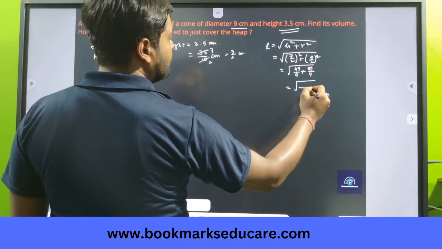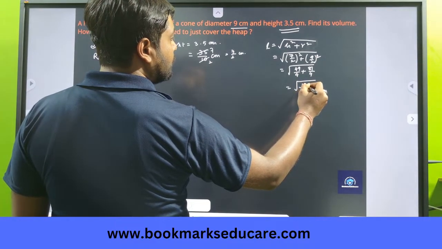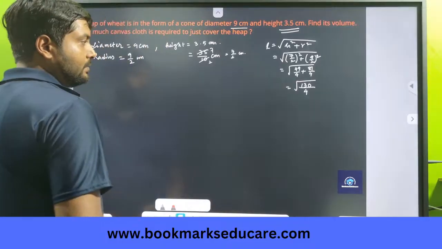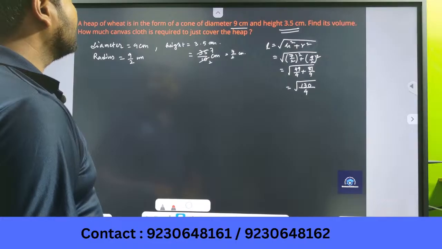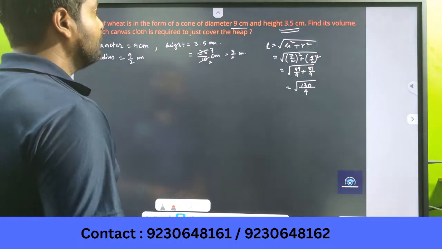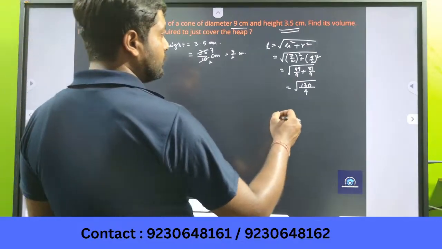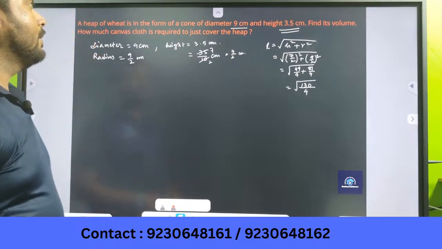And we will get 130 by 4. Okay. This is the slant height of the cone.